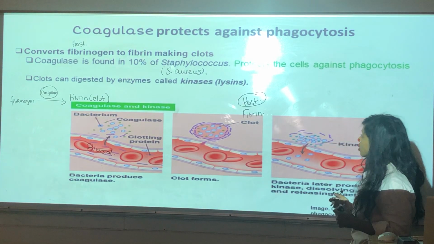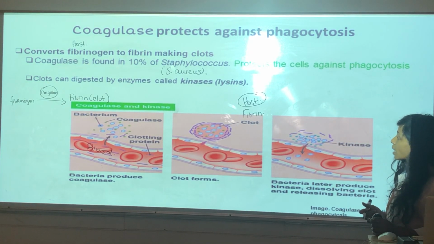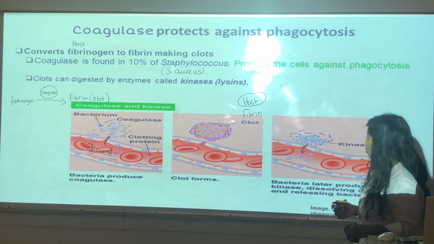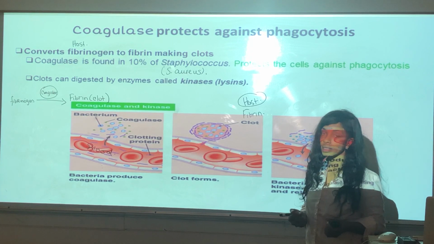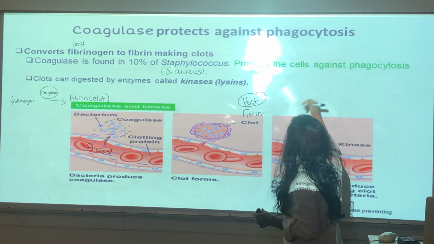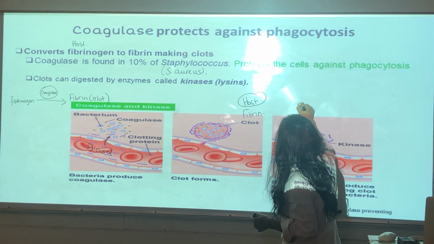Clots can be digested by enzymes called kinases. Kinases in this case are also known as lysins, and these lysins will destroy or lyse the blood clot. Different organisms make different kinases.